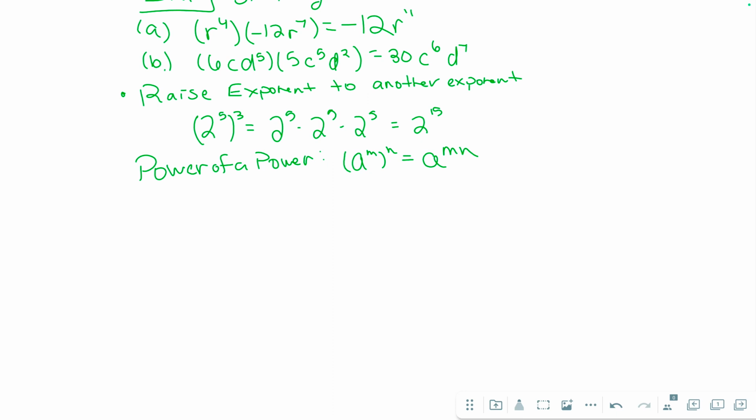So it's almost like if you see the parentheses, what's one of the first properties we learned in chapter 1 that dealt with parentheses? Distributive. Distributing is always multiplying. I'm distributing the n to the m, but not the a. Correct. That's different.